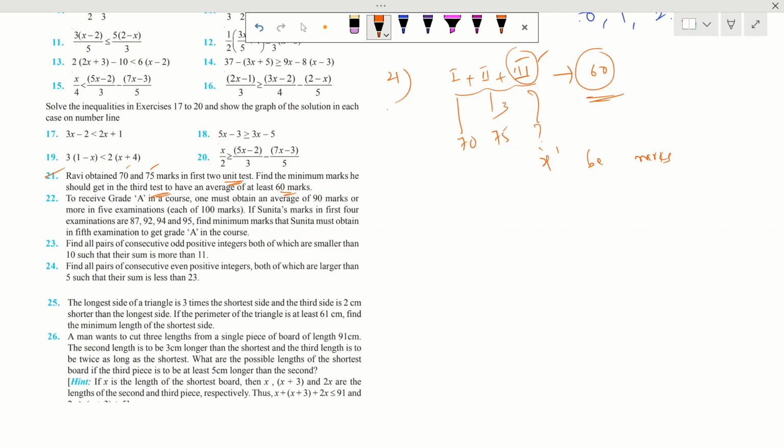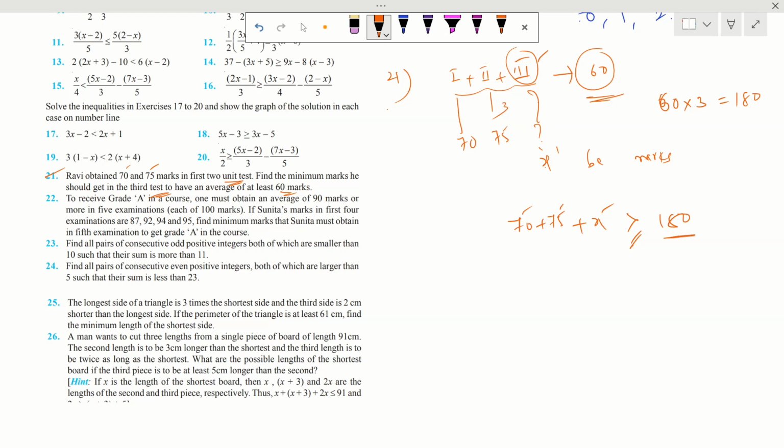Then it will be 70 plus 75 plus x, when we are adding the three test marks, divided by 3, and the average should be 60 for 3 unit tests. 60 into 3 is 180 marks. So when we are adding 3 test marks, 70 plus 75 plus x should be greater than or equal to 180.